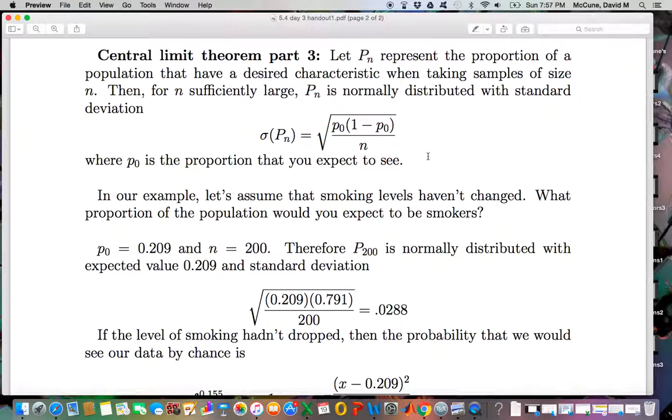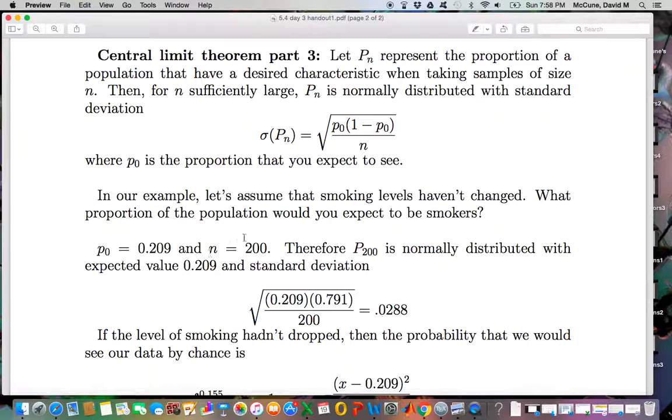So in our particular example, we're investigating whether we've dropped from 20.9%. So our default assumption is that we're at 20.9%. Smoking levels have not changed. So given that assumption, what proportion of the population would you expect to see? Like, what's this p naught? Well, given this assumption that smoking levels haven't changed, the expected proportion is 20.9%.